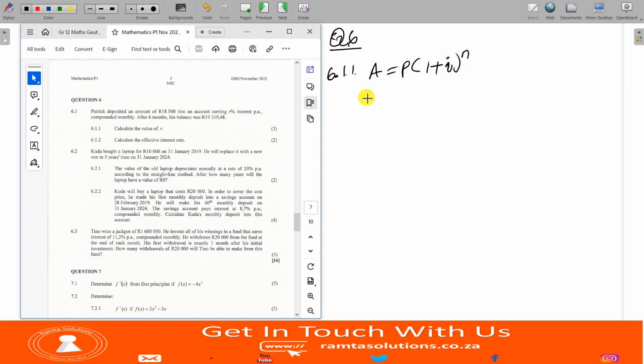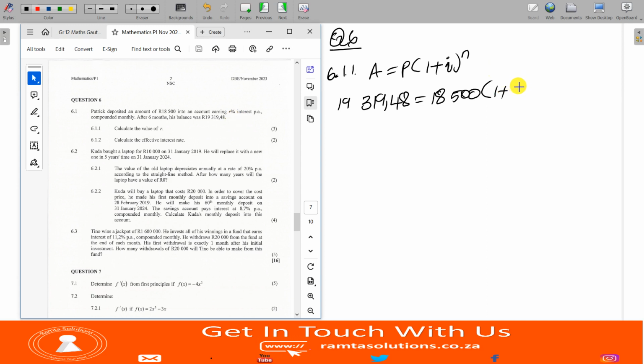Now, what do we know? We know that after 6 months, his balance was R19,319.48. Patrick is a male, obviously, he deposited R18,500. Now, the R is basically the interest rate.